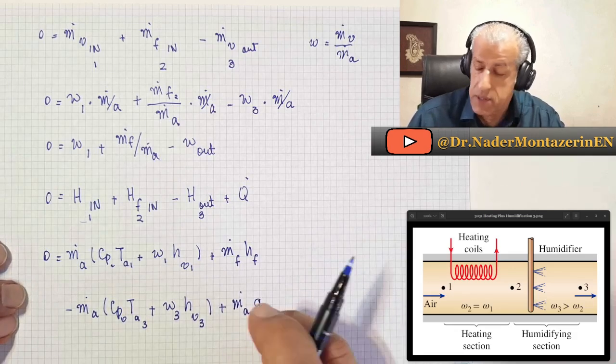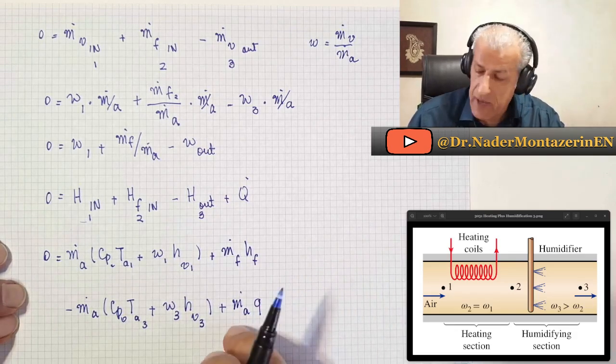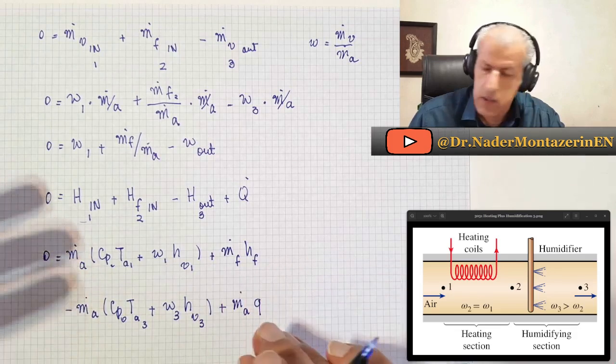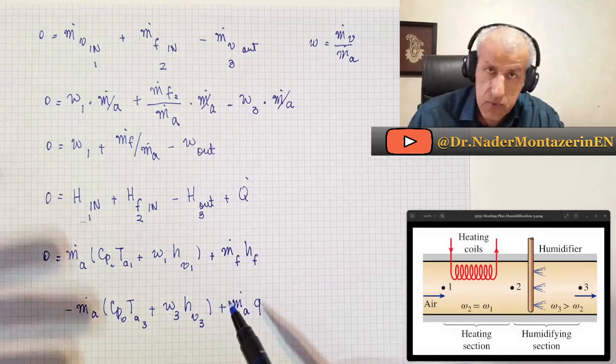We could keep it as it is, or we could split it up like here. We have, of course, m dot A, so we could calculate it all together in one place. But as it is, there are two ways.